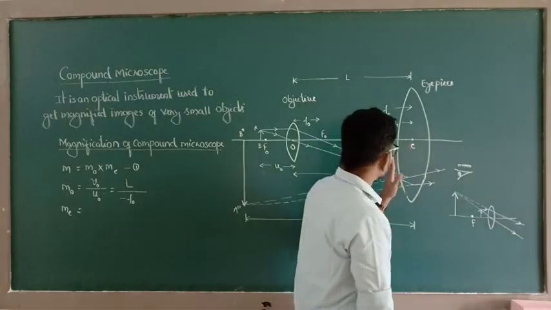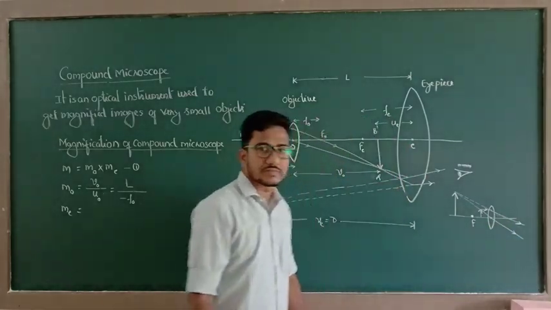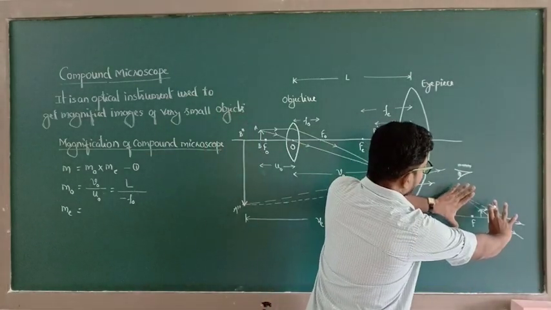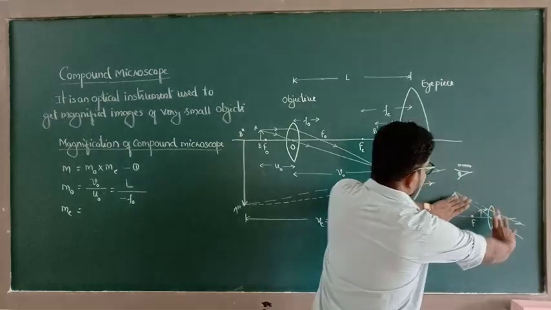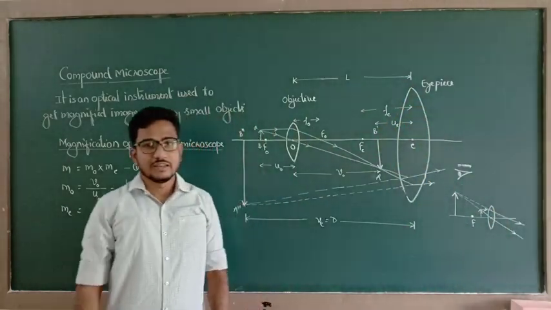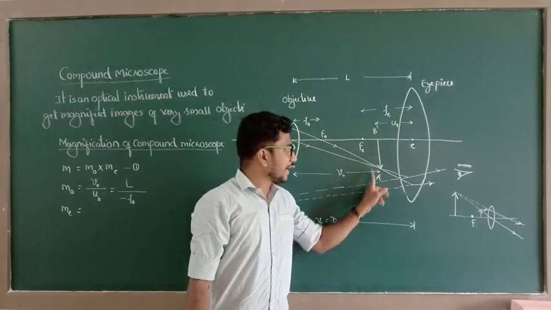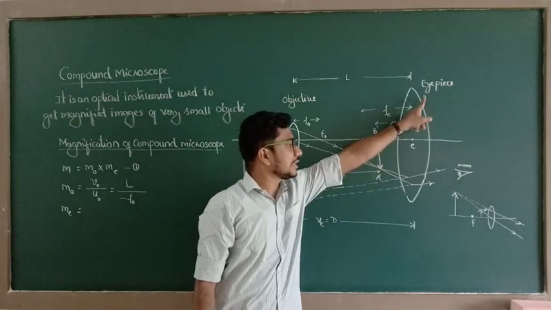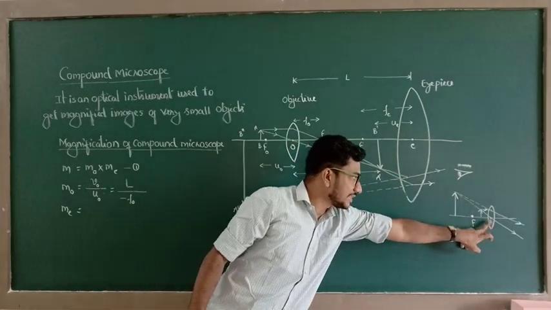You just observe this diagram. I am going to paste this same diagram here. That means A dash B dash lies between the principal focus and the optical center of the eyepiece, as in this case.